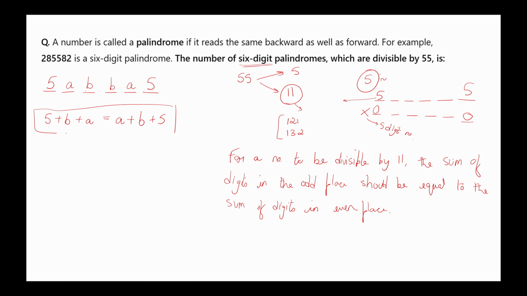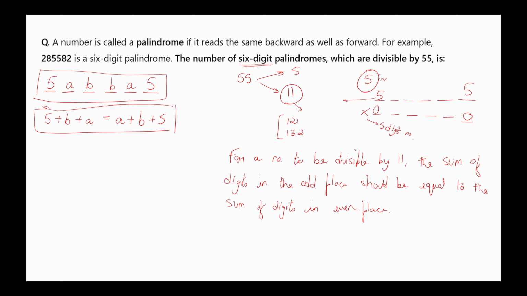So you can see that these two are similar. That means this is the type of digit that I'm trying to find out. I hope you must have understood this. I've chosen A and B in such a way that they are divisible by 11 as well. So we've gotten our 6-digit palindrome number.